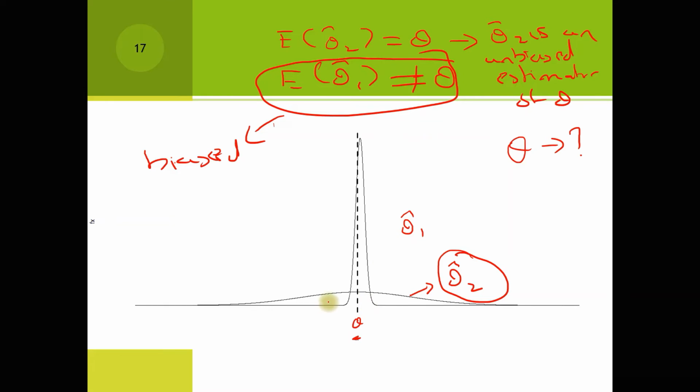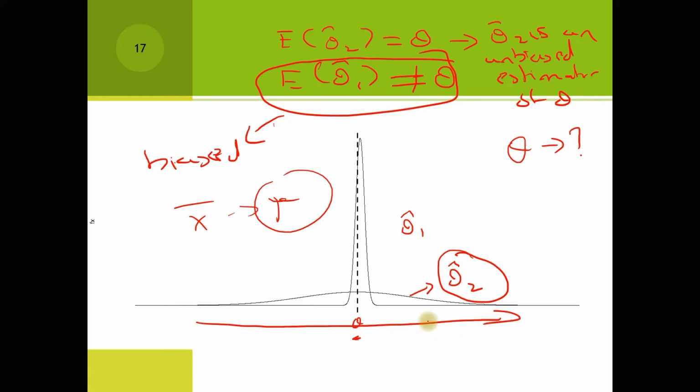When you are going to select one value from theta cap 2, normally, remember the x bar case, and you are estimating mu out of it. You will have different possible values of x bars here on the scale. But in a real situation, you don't take several values.